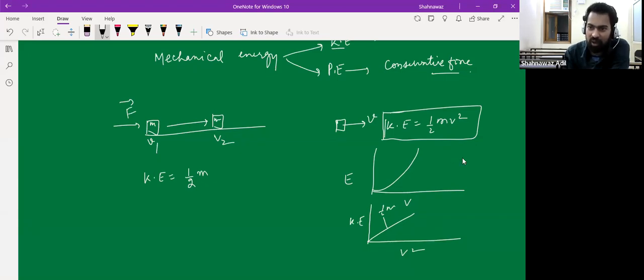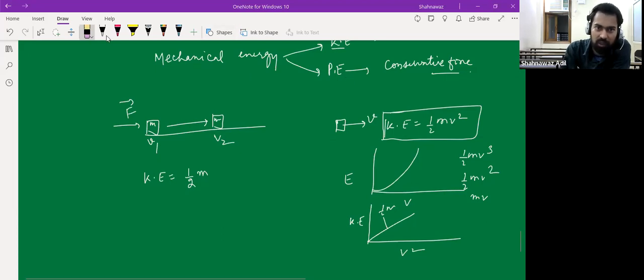Why shouldn't it be half m v cube, or let's say m v? m v is momentum. So this is how you define your kinetic energy. This comes from the experiment. You can also check the dimension.